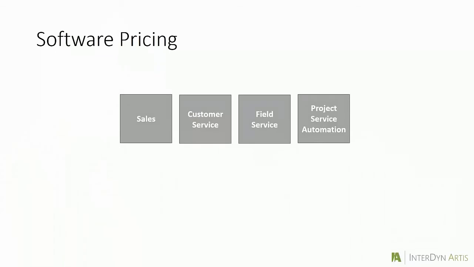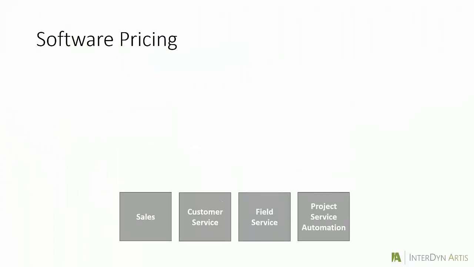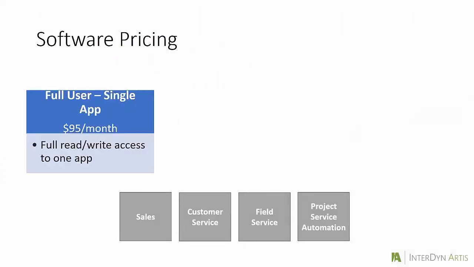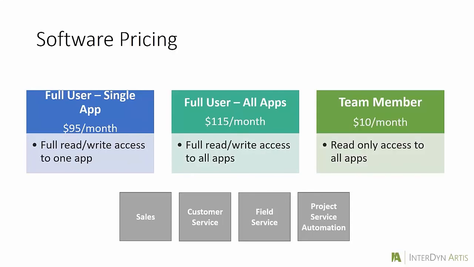Now, we've shown several different components and applications throughout the presentation today. So just as a generic pricing setup for the core applications of the Dynamics 365 Customer Engagement Suite, which would include your sales, customer service, field service, and project service automation. That's what I mean by customer engagement.